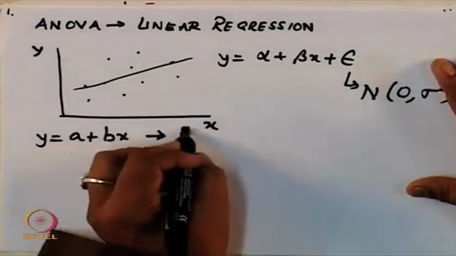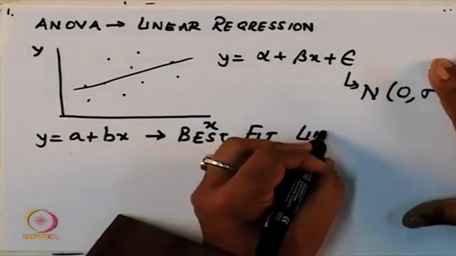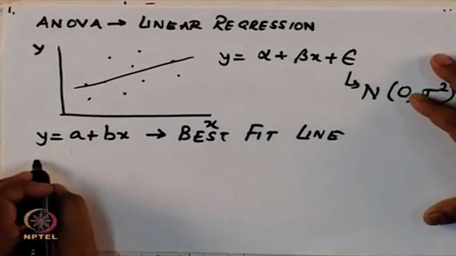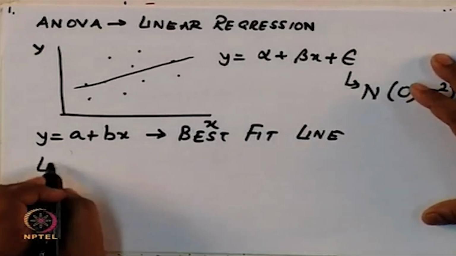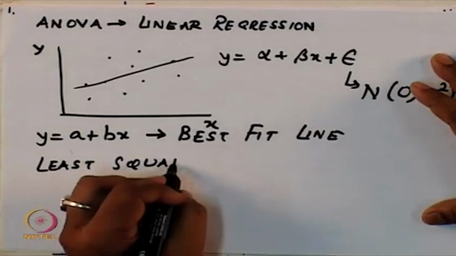Okay. So, we want to generate a line y is equal to a plus b x, which is called the best fit line. Okay. And the approach is using the method of least squares. Okay.